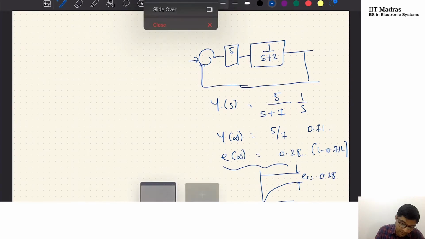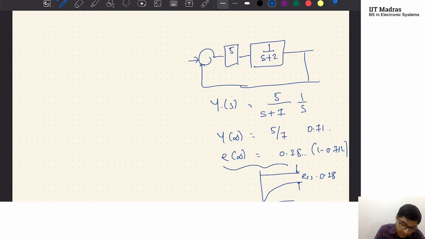Okay, what happens when, so earlier what we did, we had 5 over s. Let's say I do 5 times s. So now y of s by r of s is 5s over s plus 2, okay, so that is a little better.